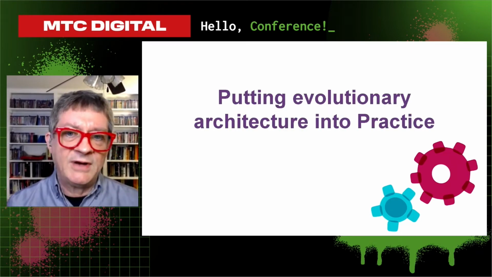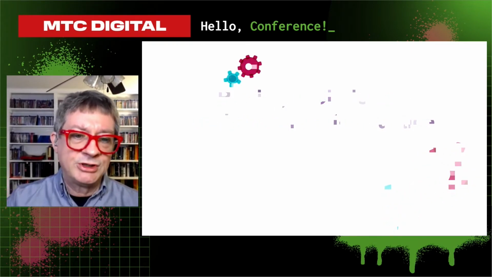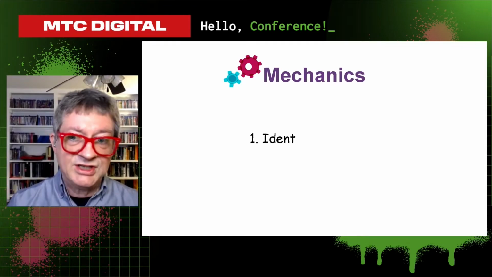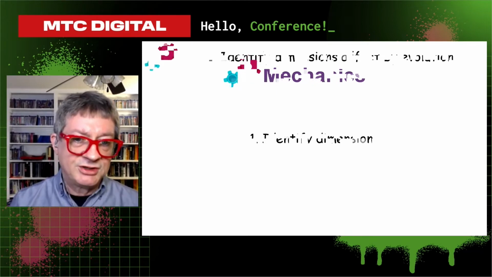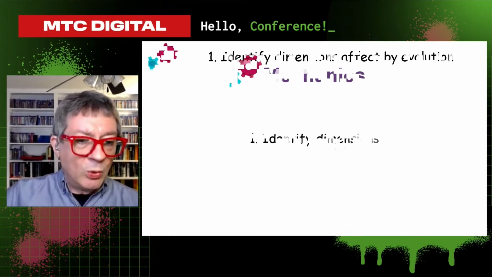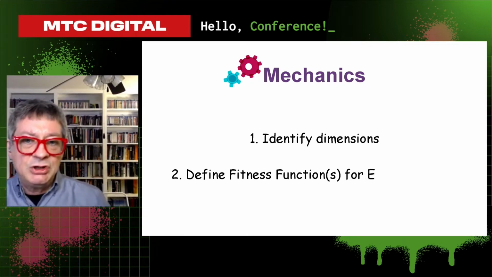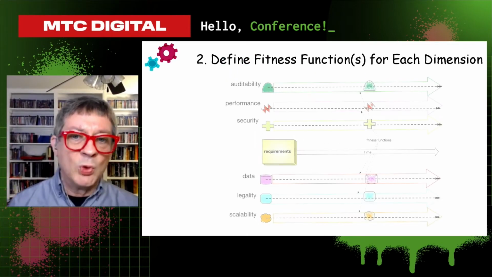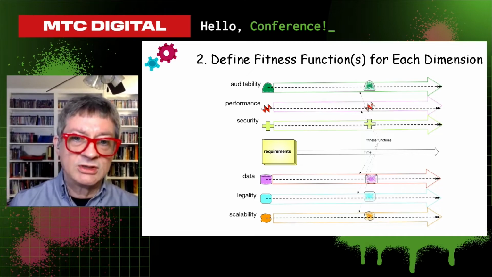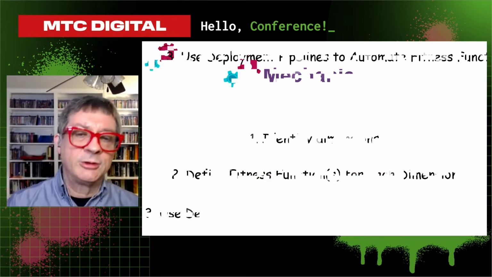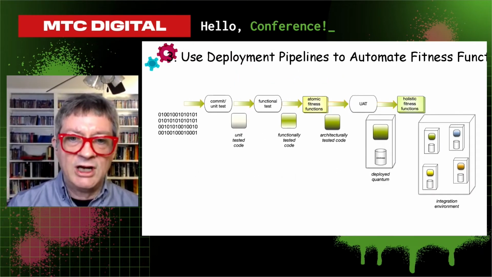So how do you put these things into practice, the mechanics of evolutionary architecture? Well, first, you have to identify what the important characteristics of your architecture are, the things that you really want to protect as things evolve over time. This is really just an exercise of figuring out what are the really important architecture characteristics in my ecosystem. Then you define fitness functions, one or more for each of those dimensions. These are like guardrails that you put in place for those characteristics as they change over time.